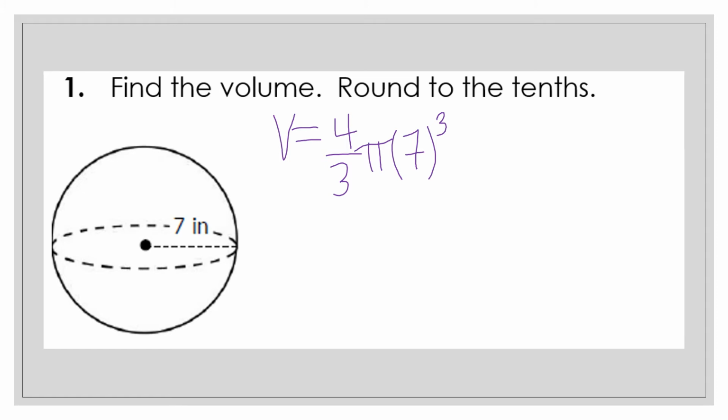If you don't have the ability to do a fraction, then you might want to type it in this way. Those are exactly the same thing, so it's kind of a preference.